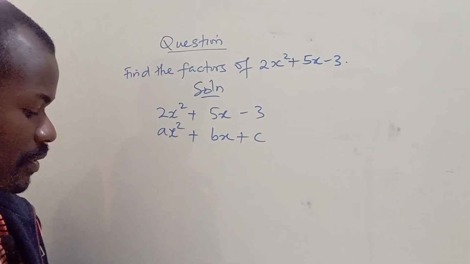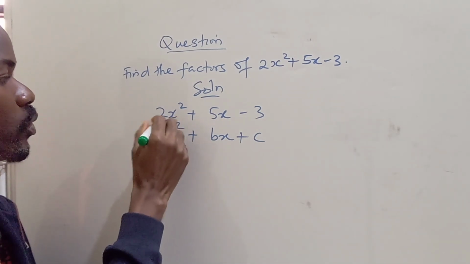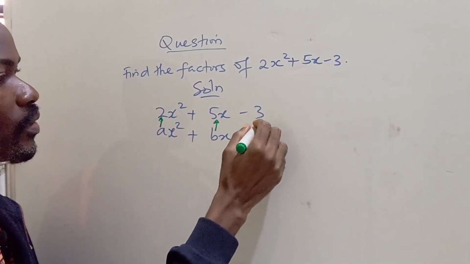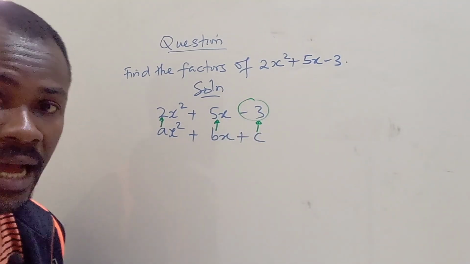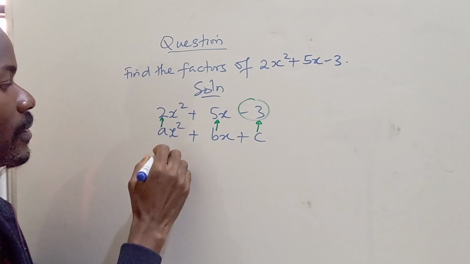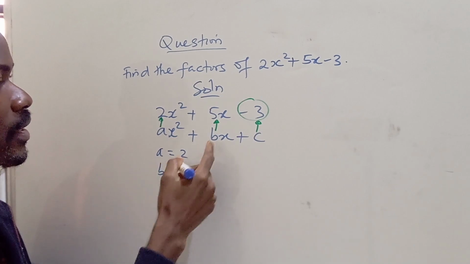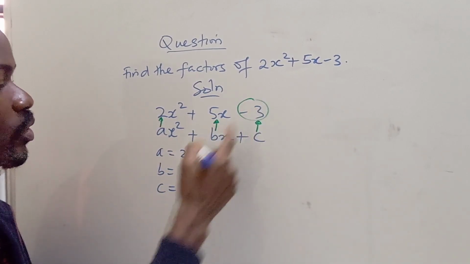So what does this mean? We can see that our a stands for 2, our b stands for 5, and our c stands for minus 3. So let's quickly bring that out. My a is 2, our b is plus 5, our c is minus 3.